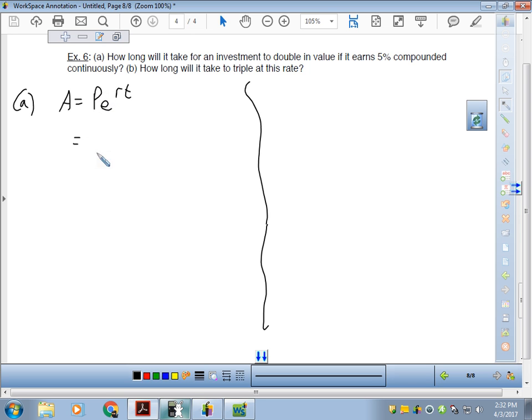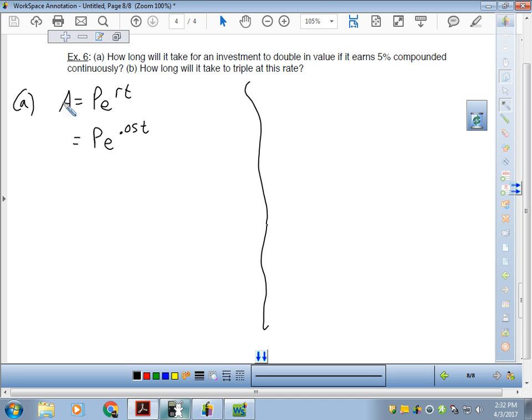I don't know my principal, so I'm going to leave that as P. E is just our special math number, so we leave that there. Our R is our interest rate, which is 5%, so it's 0.05. Our T, we don't know because they're asking us how long, so we leave that in there.